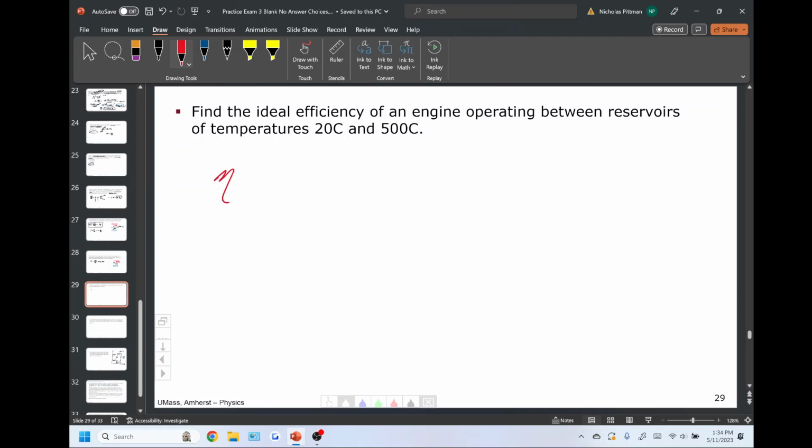Ideal efficiency means you use the Carnot formula, right? That just tells you how efficient is the perfect engine operating between two given reservoir temperatures. Real engines, if you compute their actual work done, because they aren't a perfect cycle, are not going to be as perfect. In the case of a perfect engine, it's 1 minus T cold over T hot. However, we need to work in kelvins, otherwise the problem will trip us up. T cold is not 20, it's 20 plus 273.